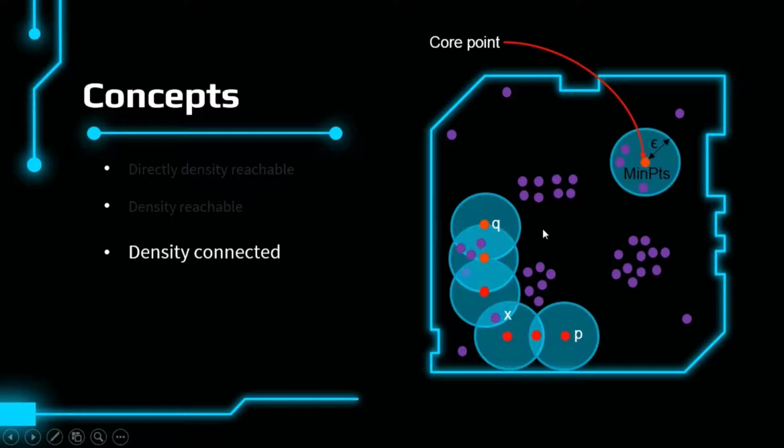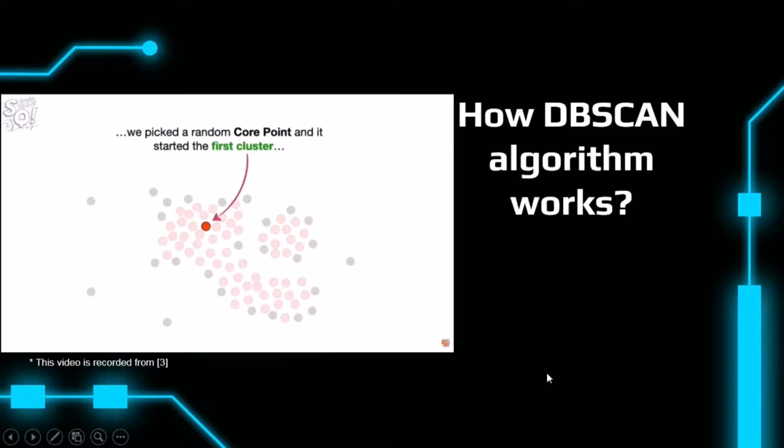Density connected is a different concept: P and Q are density connected to each other when there is a point X in between that is density reachable from both sides. Okay, let's see how the DBSCAN algorithm works.